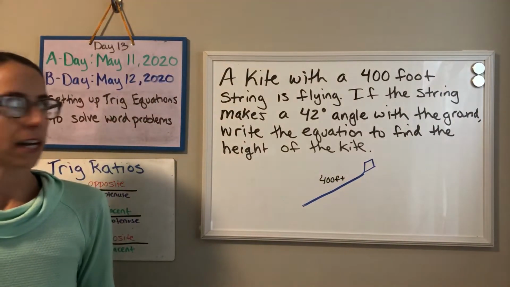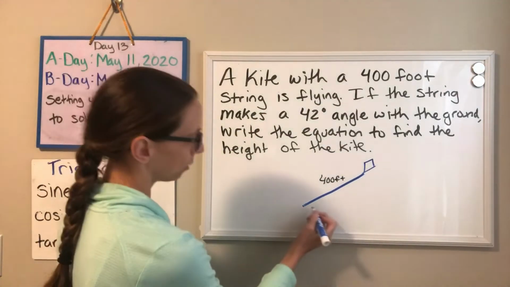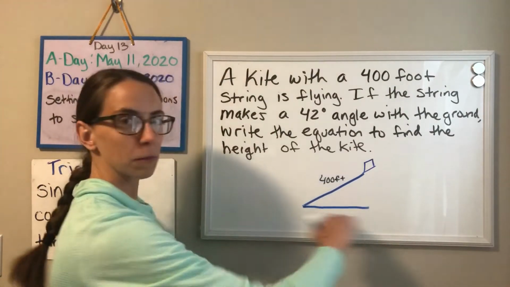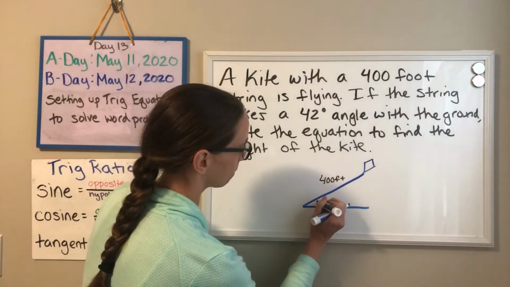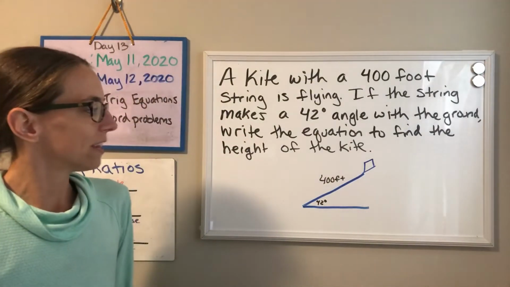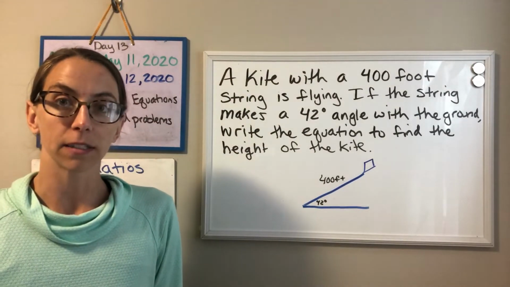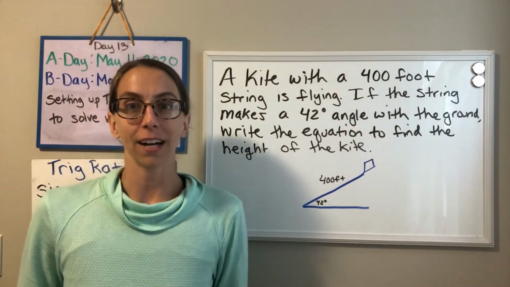The second thing I know is that the string makes a 42-degree angle with the ground. Again, our ground would be this level part right here. So we know that this angle is 42 degrees. And then they're asking me to find how high off the ground the kite is. Remember, when you have a triangle, when you're finding the height, that height needs to be measured.